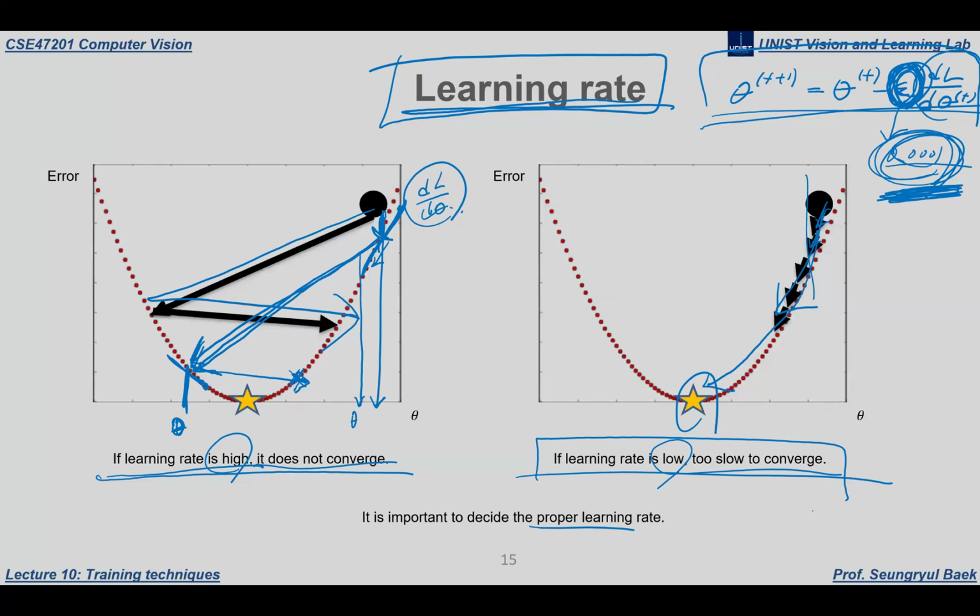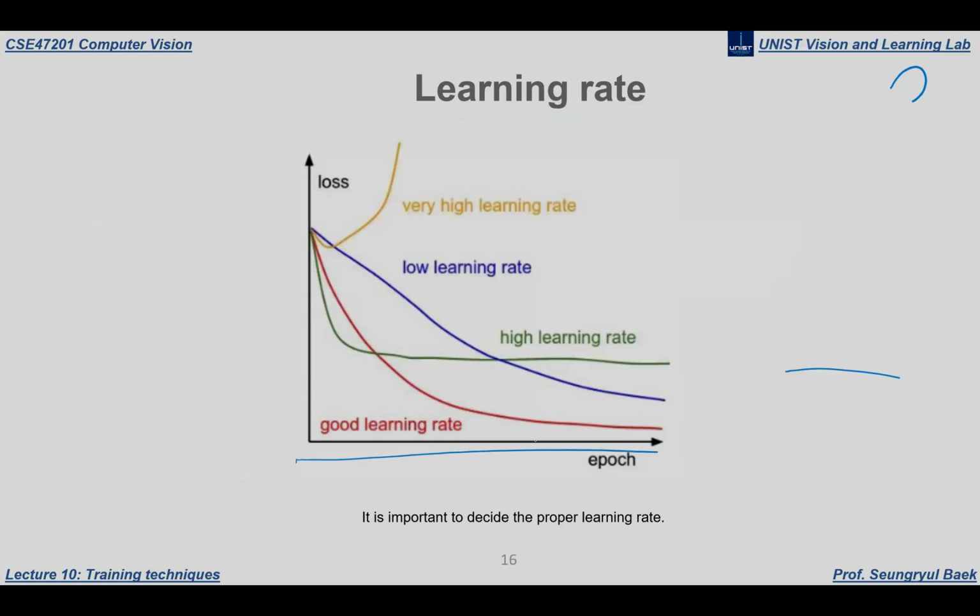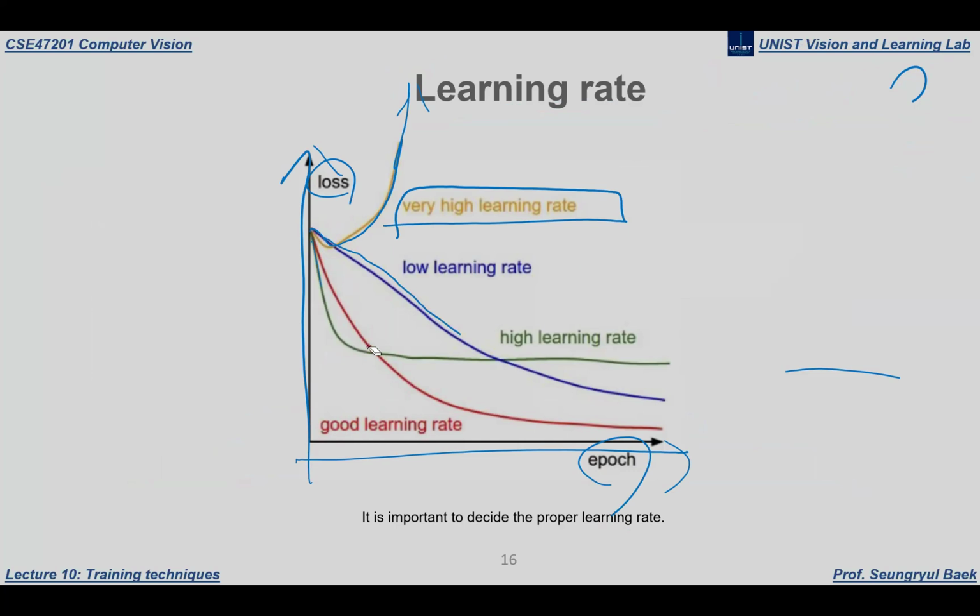This is showing that kind of problem. With a very high learning rate, the loss will diverge as epochs go. And with a high learning rate, it will not converge anymore after some epochs. So as the epochs go, you have to reduce the learning rate.